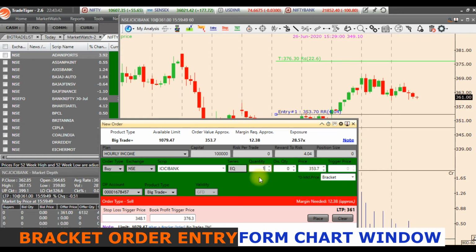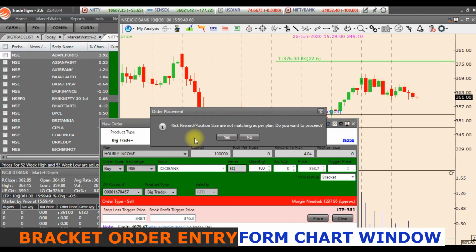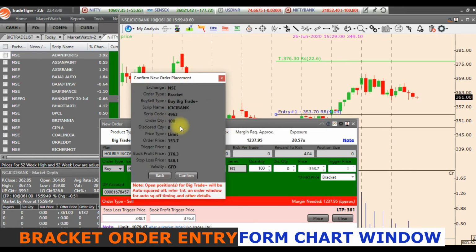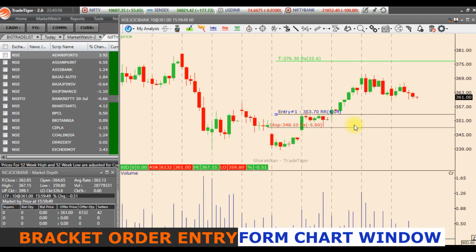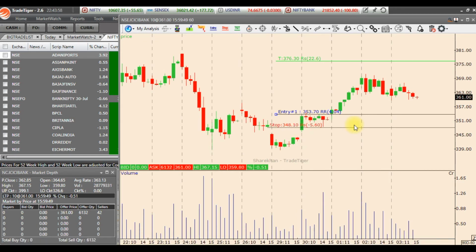Just mention the number of quantities and place. Automatically the order will be placed. This is the easiest way to place bracket orders in Sharekhan Trade Tiger. This is the easiest way.